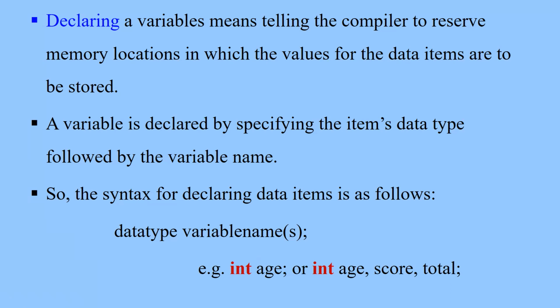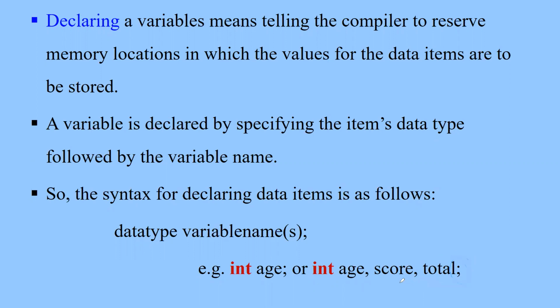If you have several memory locations or variables that will hold the same type of data, then you can declare several of them using a single int statement. For example, int age, comma, score, comma, total, then a semicolon.